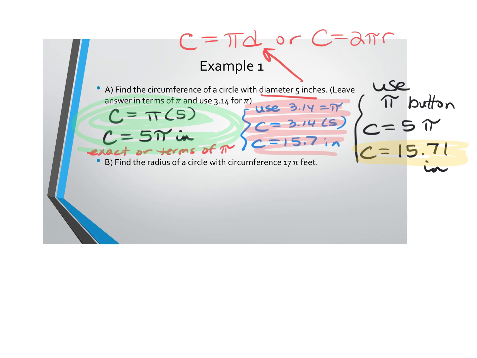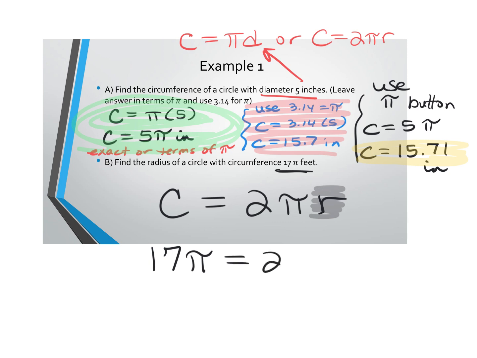The next one wants us to find the radius. So for the next one, I'm using the formula circumference is equal to 2 times pi times the radius. I'm going to be solving for the r. So I'm going to replace the circumference with what they gave me, 17 pi.